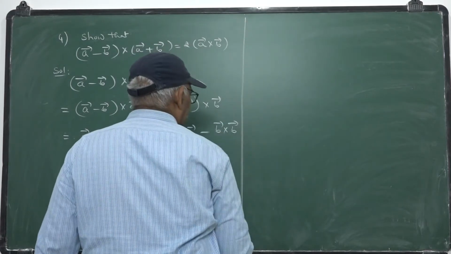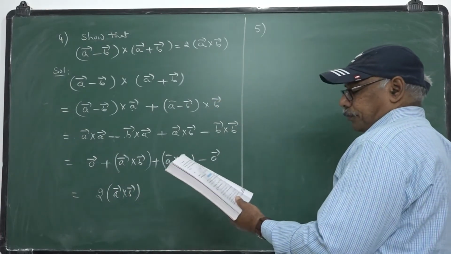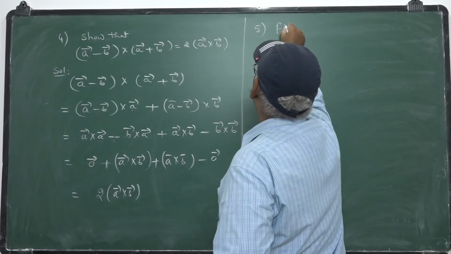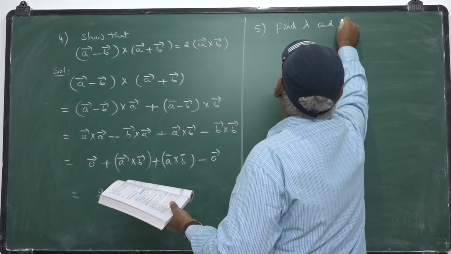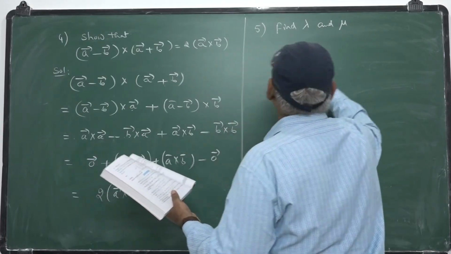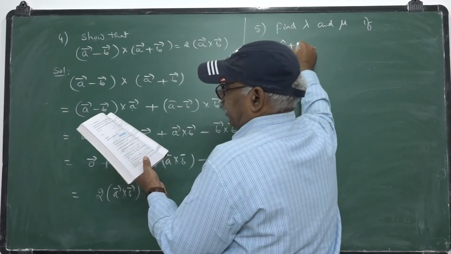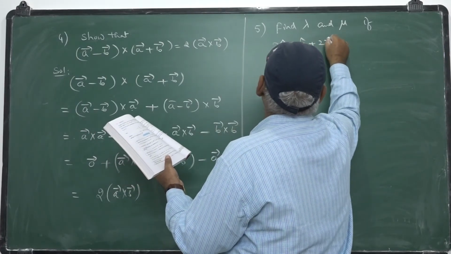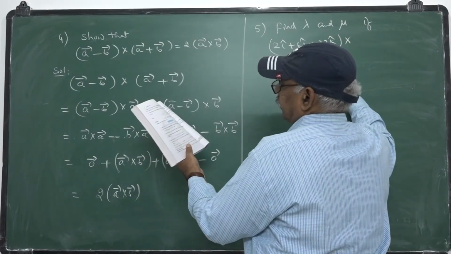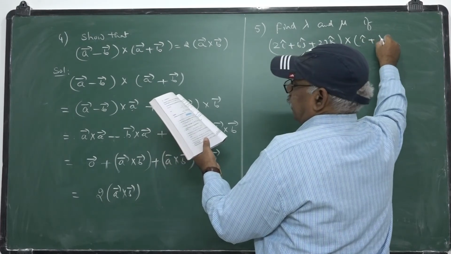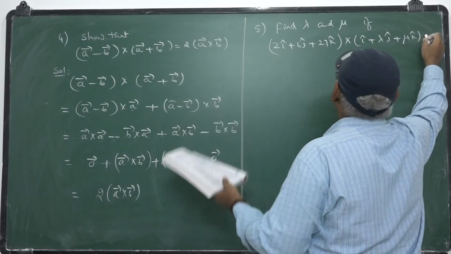Next one. Fifth problem. Find lambda and mu if (2i plus 6j plus 27k) cross (i plus lambda j plus mu k) is 0 bar.